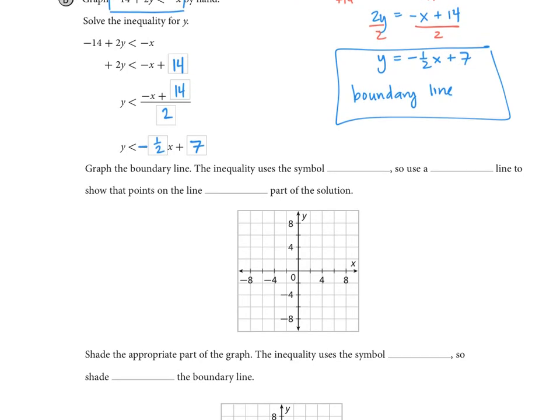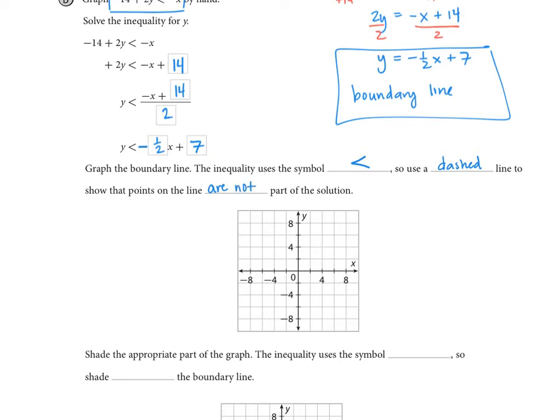The inequality uses this symbol, which is less than. So we're going to use a dashed line to show that the points on the line are not part of the solution.